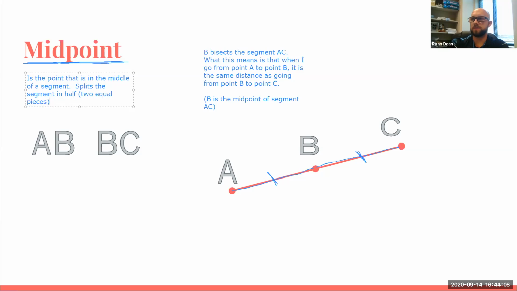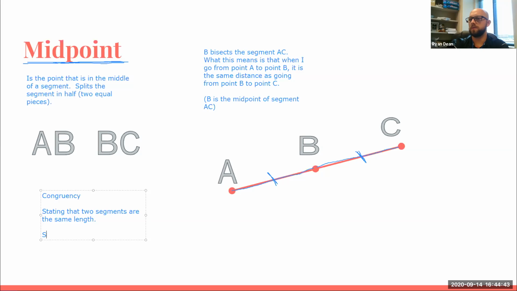Okay, now the notation that we're going to use here has to do with a term that we call congruent. So congruency is a term that we're going to use throughout the entire class of geometry. Congruency is basically stating that two segments are the same length.